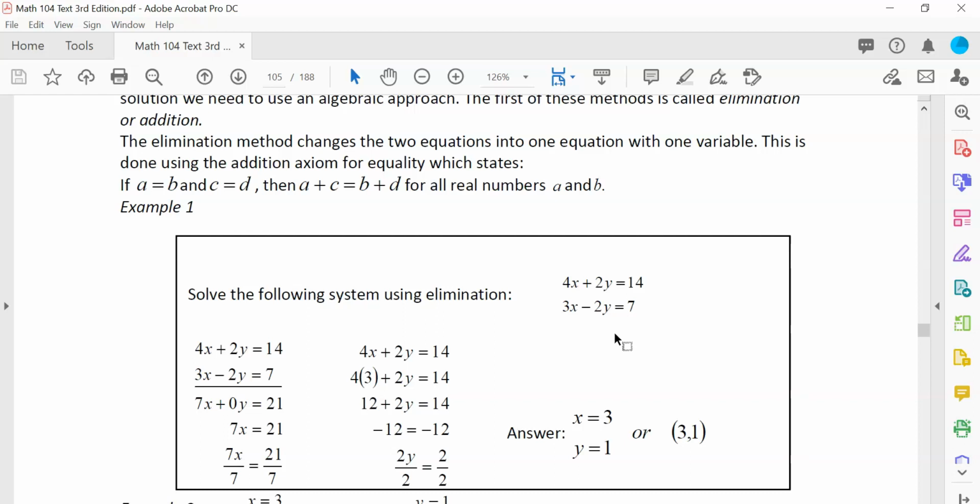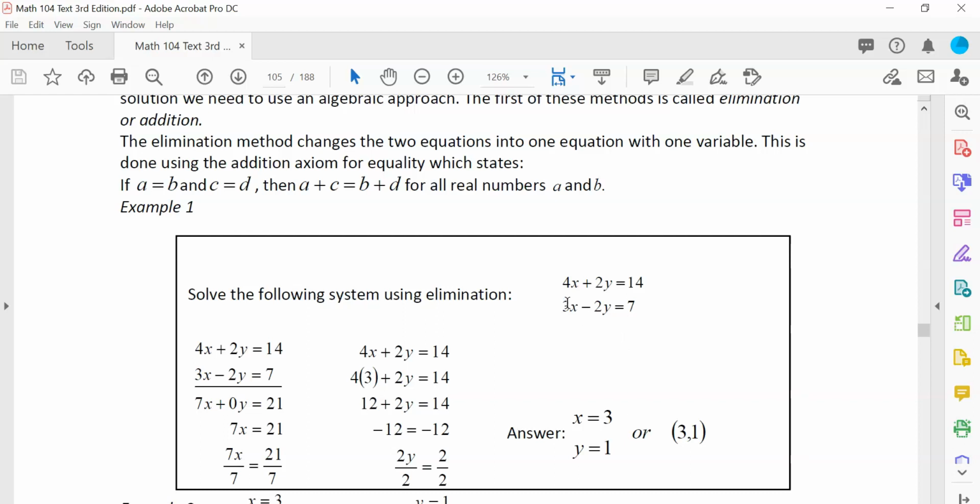Essentially, what elimination does is it solves for each variable one at a time. We're going to take two equations and add them in a certain specific way. And then when we add them, one variable pops out and we can solve for that variable. So we add these equations in order to eliminate a variable.